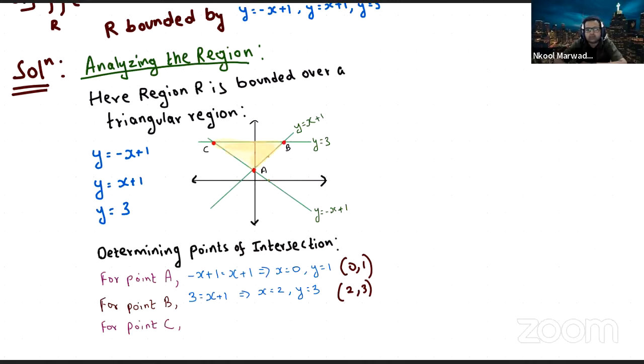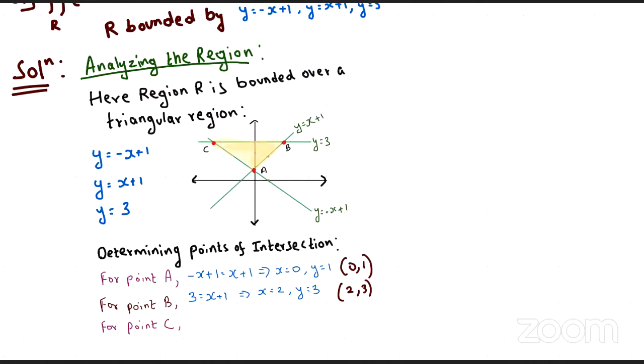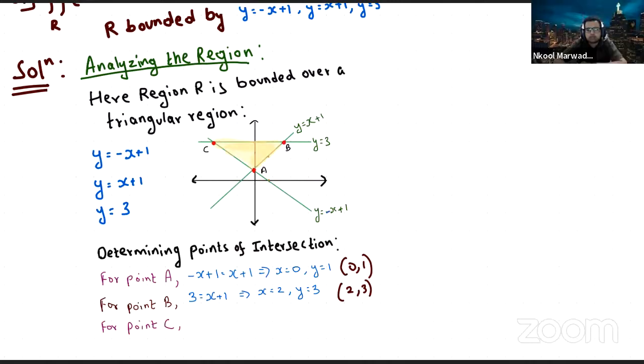So 3 is equal to minus x plus 1. x will be minus 2, and when x is minus 2, y will be 3. So minus 2, comma 3 is the third point. So all the points of intersection are found.